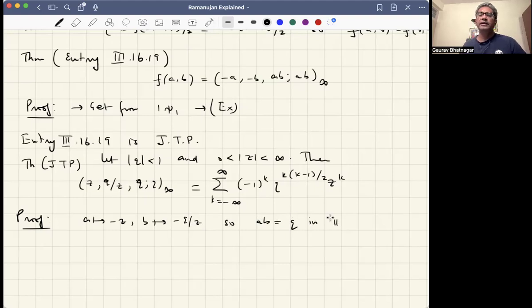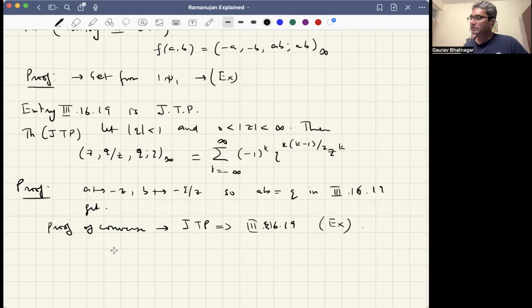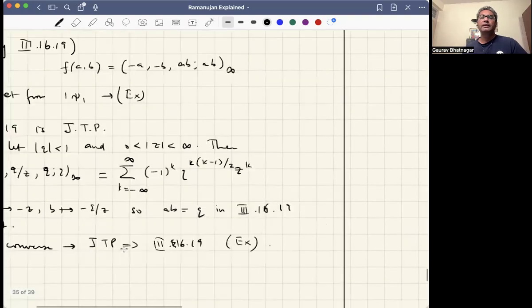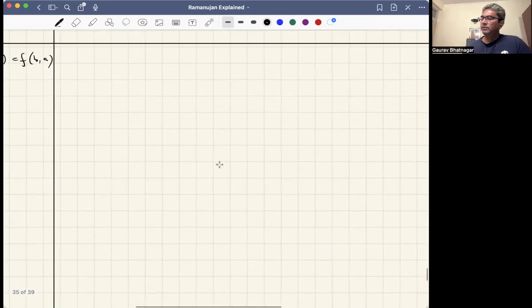If you do this in entry 3.16.19, you get this. And that the converse, that Jacobi triple product implies this one, is an exercise. So you show Ramanujan's identity from here. All right, so we got where we started.